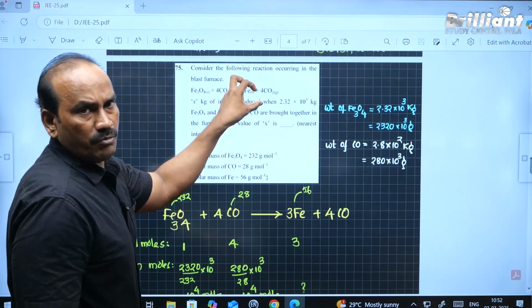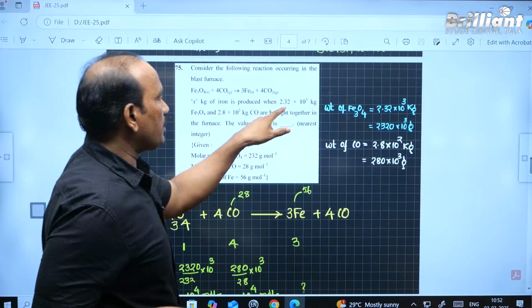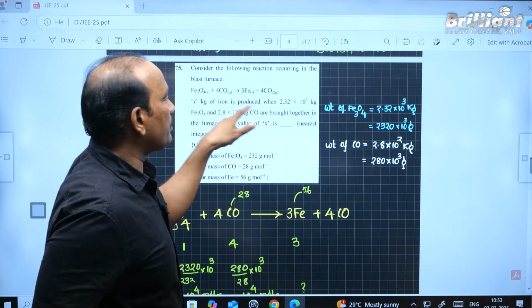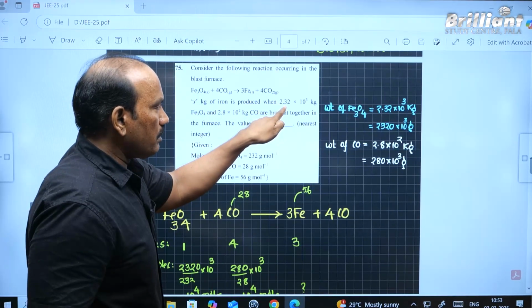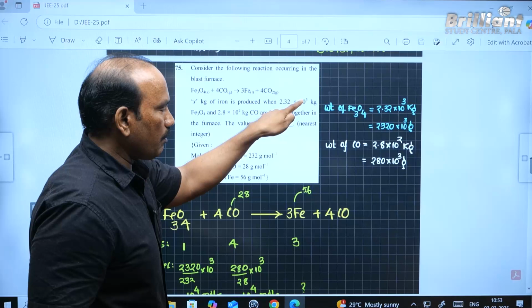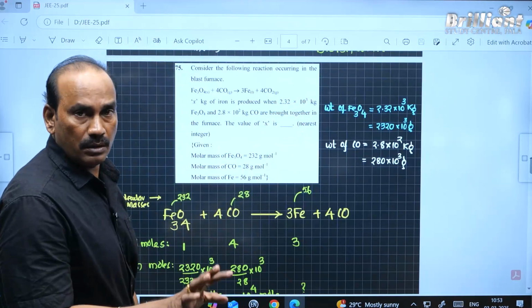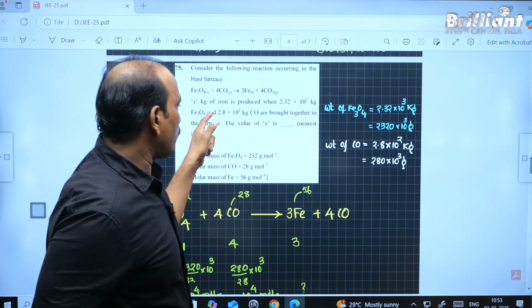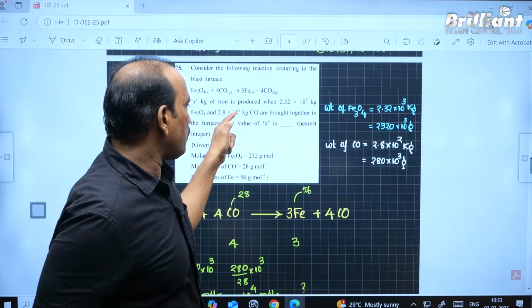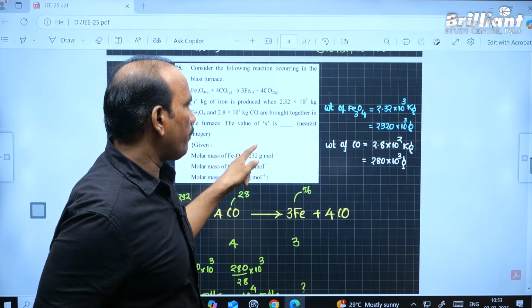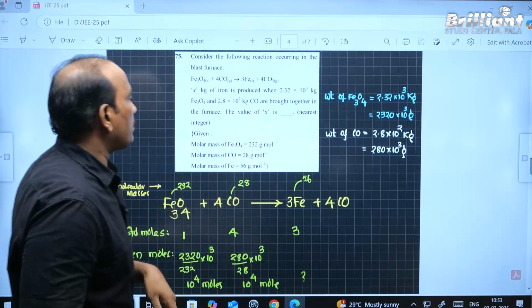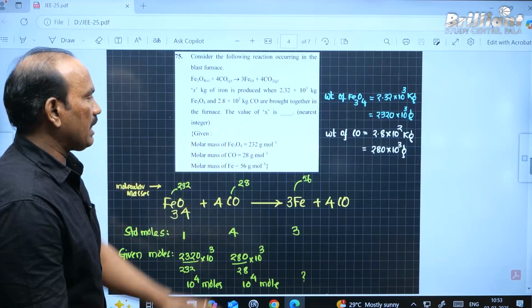How much iron will be formed in the reaction? The weight of Fe3O4 given is 2.32 into 10 power 3 kgs, not grams, and 2.8 into 10 power 3 kgs of CO. Now, they are brought together in a furnace. What is the X value?